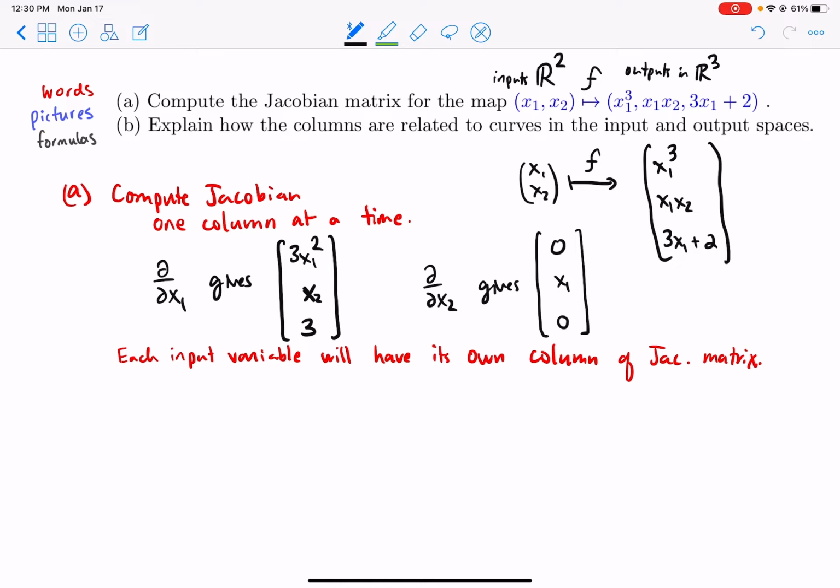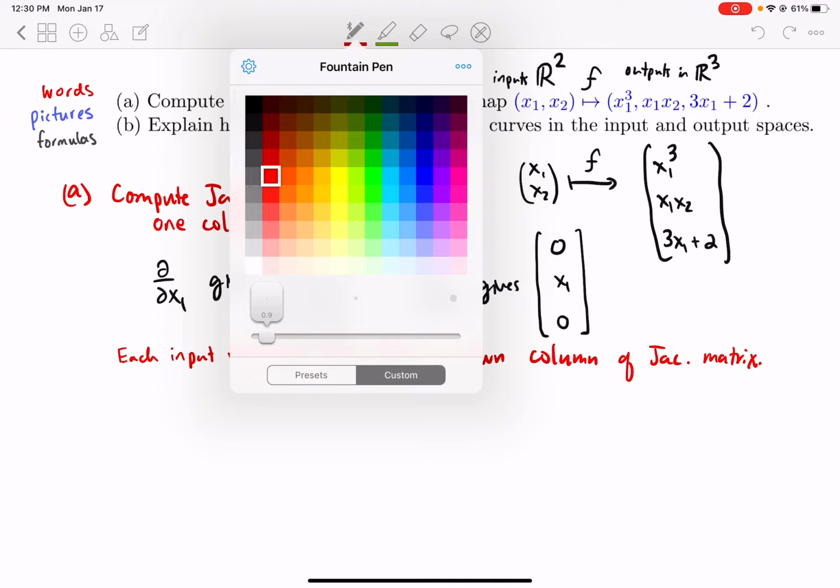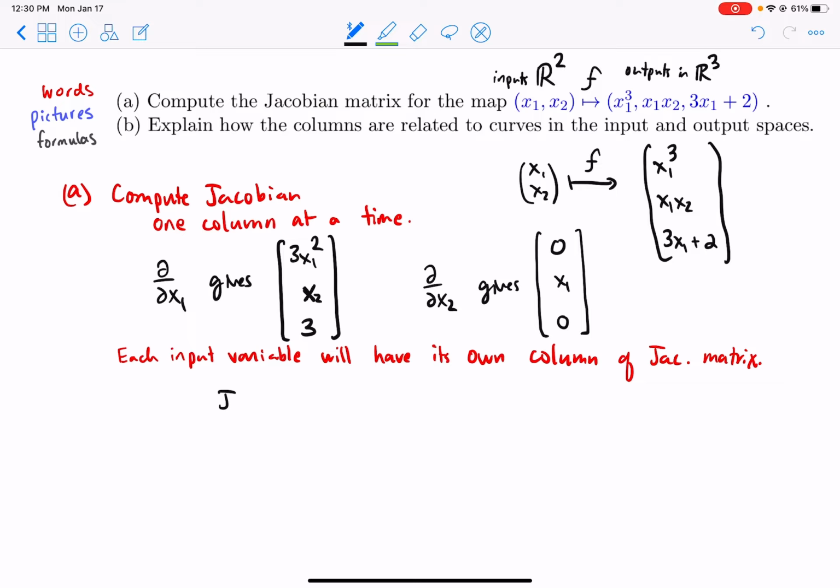Okay. So each input variable has its own column of the Jacobian matrix. And then the Jacobian matrix is, and then the second column. That's it. We're done with part A.